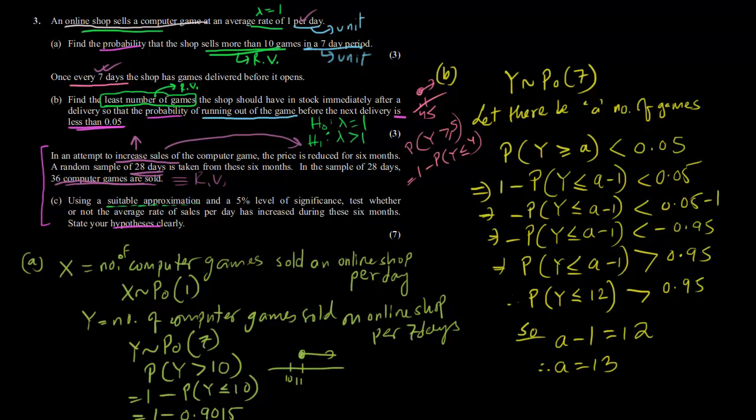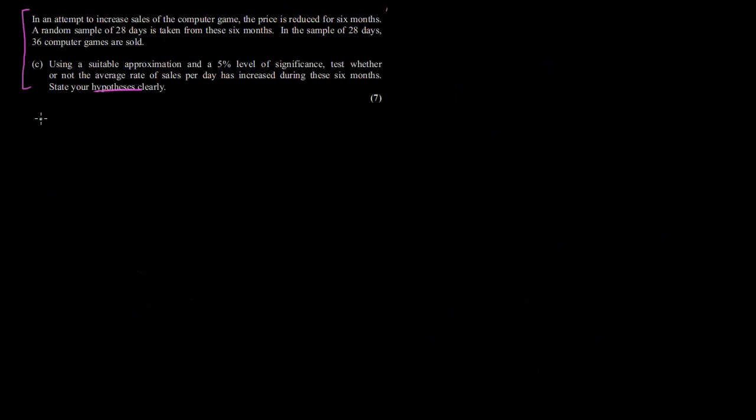So let's start. Step 1 is defining the distribution. So H naught, or null hypothesis, is lambda equals 1. H1, alternate hypothesis, is greater than 1. Let's define the distribution.